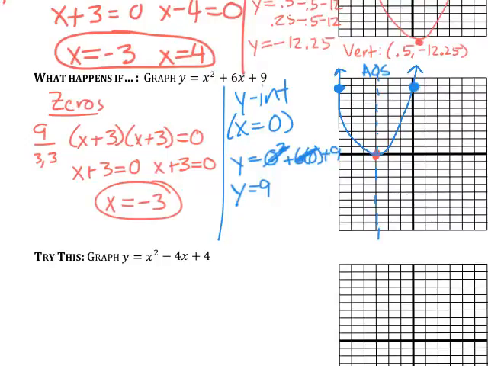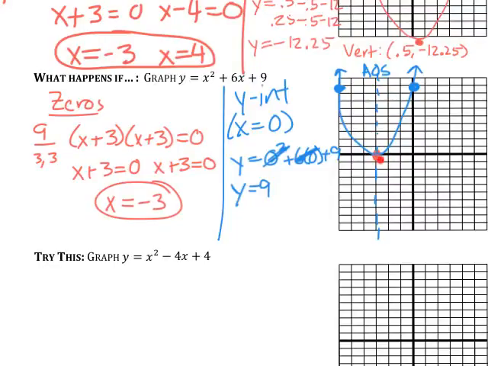Okay, so if you only have a single 0, which is the same thing as the vertex, on the x-axis, so if you do your zeros, whether it's factoring or quadratic formula, whatever it is, and you only come up with a single answer here, you know that, hey, that's my vertex.